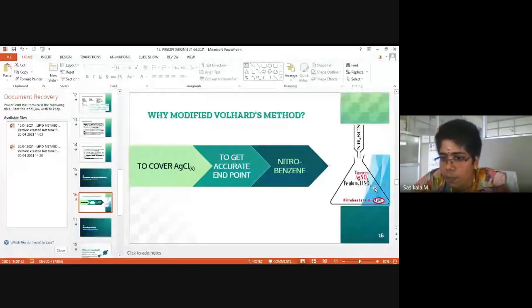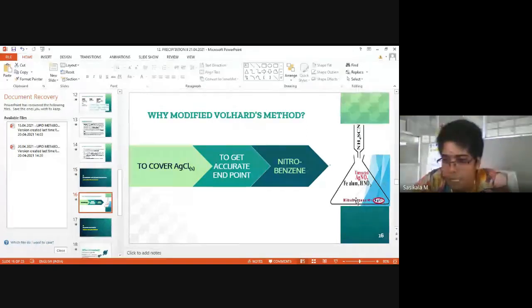Silver chloride is slightly soluble in water, so silver ion will be released from the precipitate to react with ammonium thiocyanate, and you won't get an accurate endpoint. To prevent that reaction, we cover the formed silver chloride with nitrobenzene.